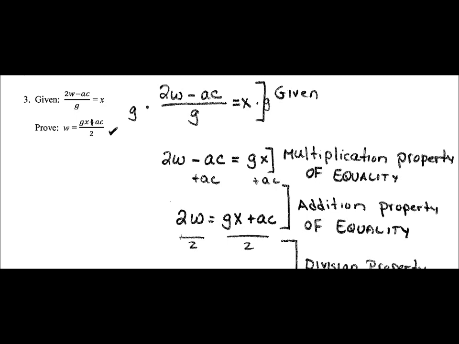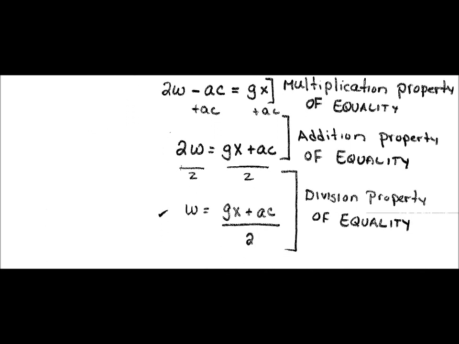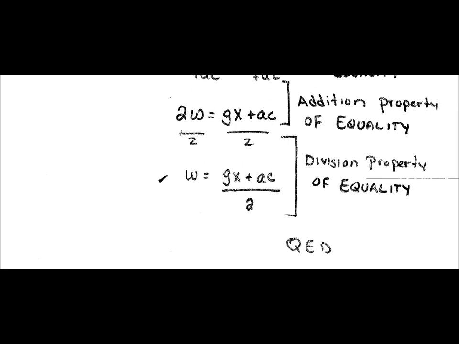Next, I work toward getting that w by itself by adding ac to both sides. The addition property of equality gives me 2w equals gx plus ac. Next, I decided to divide both sides by 2 to get w alone. That gives me w equals gx plus ac over 2 by the division property of equality. That's exactly what I wanted to prove, and so my proof is done.